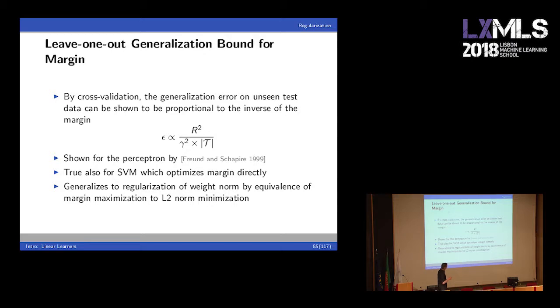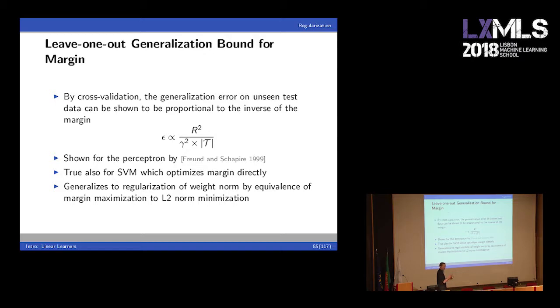And if we interpret the margin maximization as minimization of the squared norm of the weight vector as a regularizer, then we can use the very same theorem that tells us margin maximization is a good idea, and say L2 norm minimization is a good idea. L2 norm minimization makes sure that the error on unseen data is smaller, because we can interpret margin maximization as L2 norm minimization.